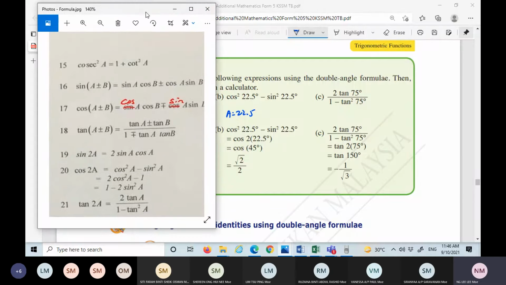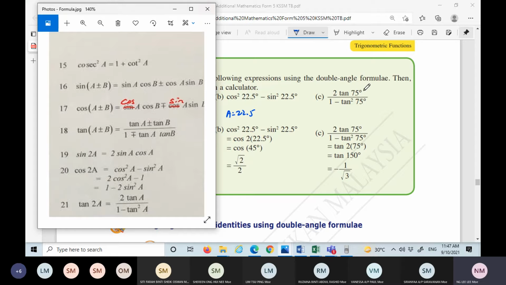Cos square A minus sine square A is cos 2A. So make it become cos 2A. A is 22.5, so 2 times 22.5 is 45. Cos 45 is a special angle, square root 2 over 2. Then you can check with your calculator.